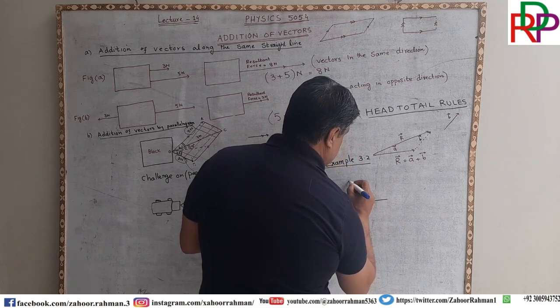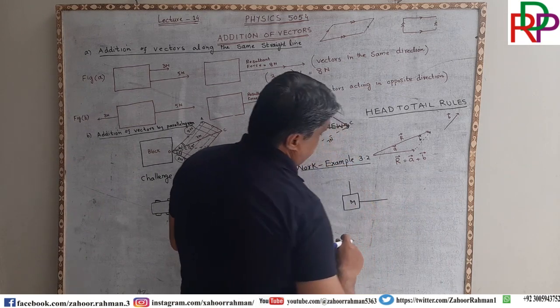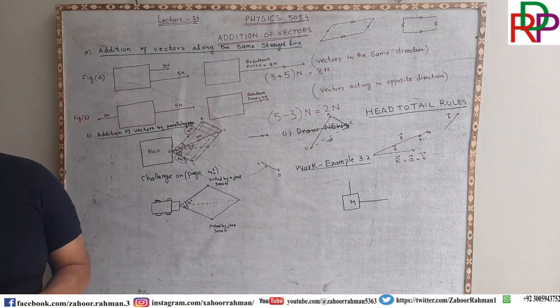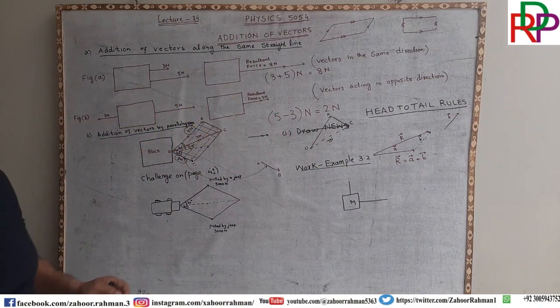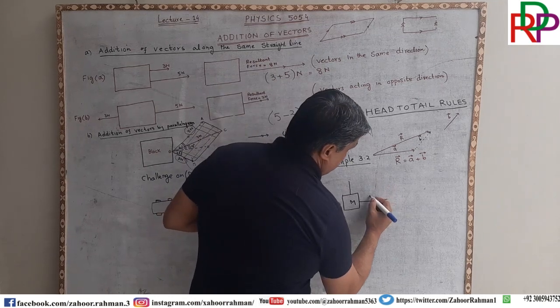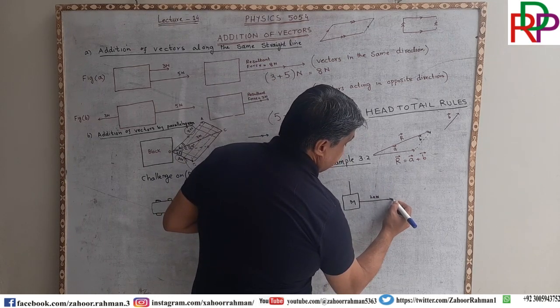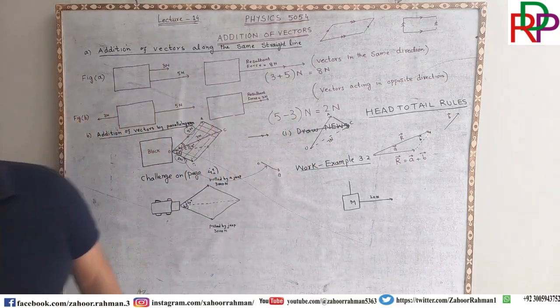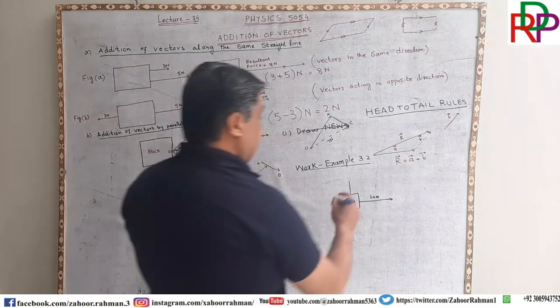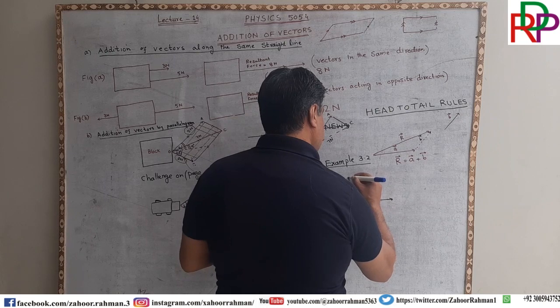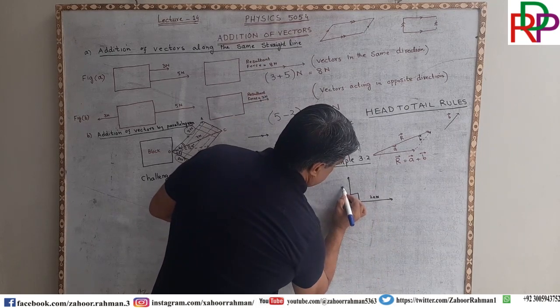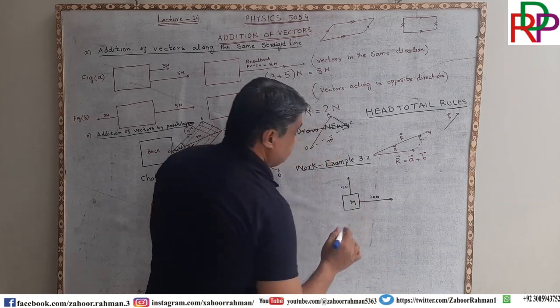One is horizontal and one is vertical. They are mutually perpendicular. They gave this as 20 Newton and this is in this direction, and the second one they gave is 15 Newton. So this is 15 Newton.